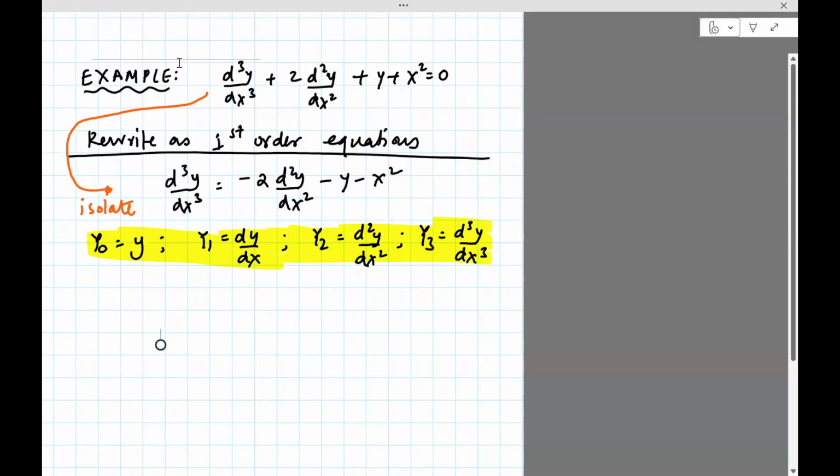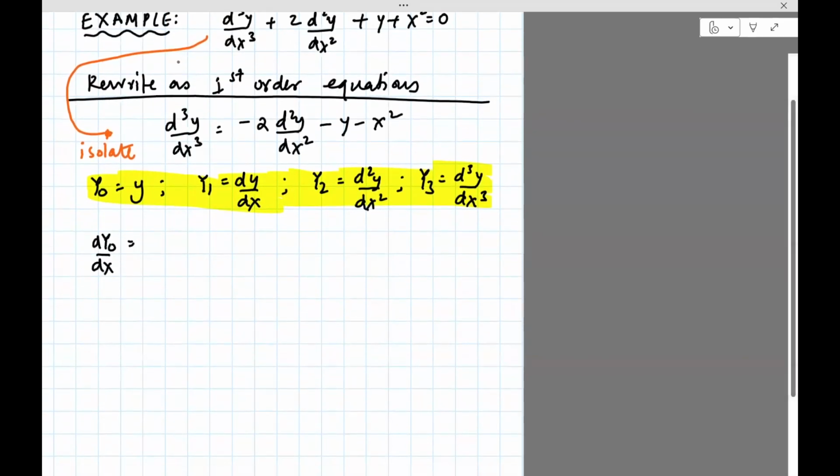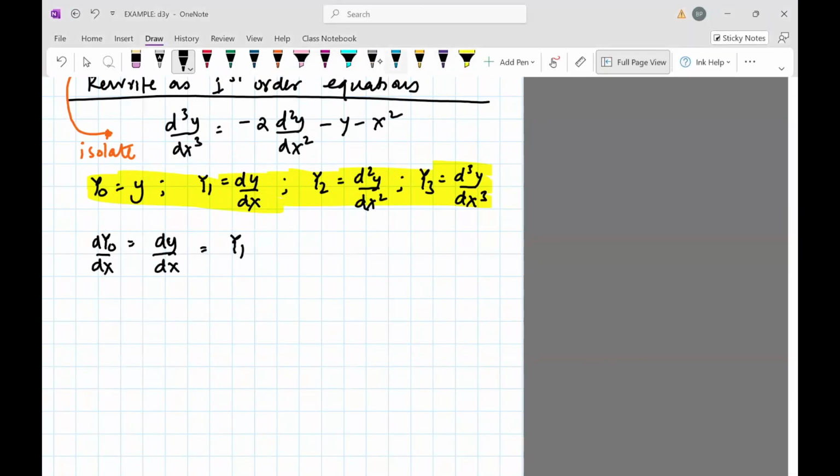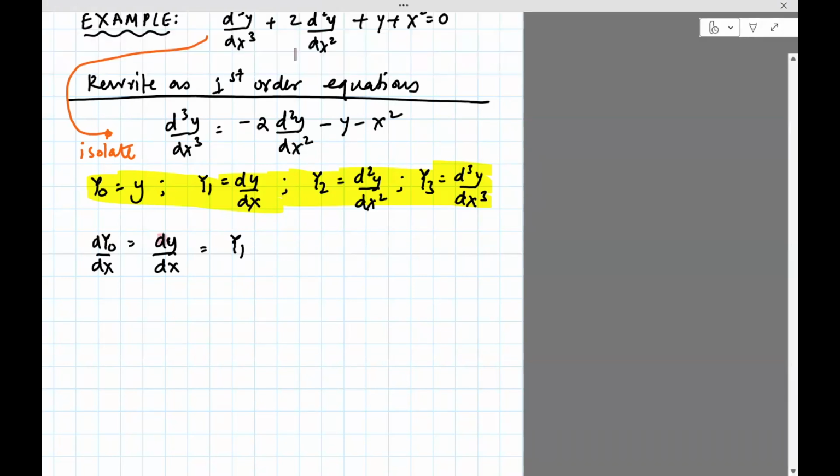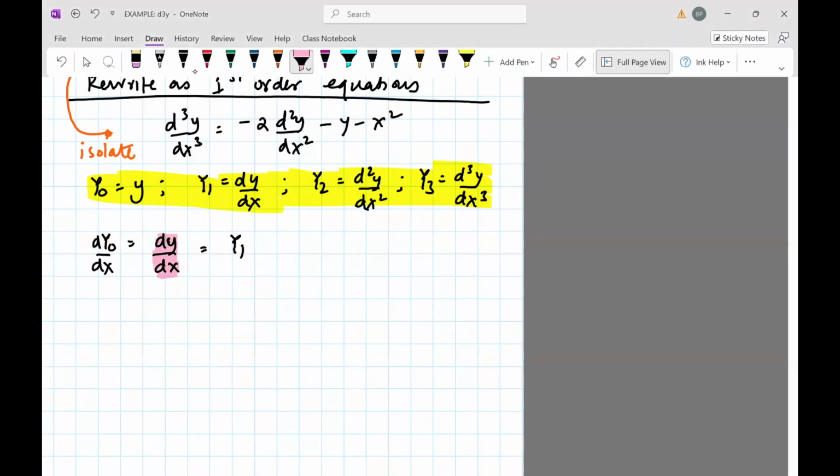Well, first we'll find what is dy0 dx. So you see that to compute dy0 dx, you just need to do dy dx. But dy dx is nothing but y1. So you can just skip this. It's just sometimes confusing to put that in. So let me just keep this here so that when you refer to this, you will see how it came. But you can just ignore that if you think that's confusing.